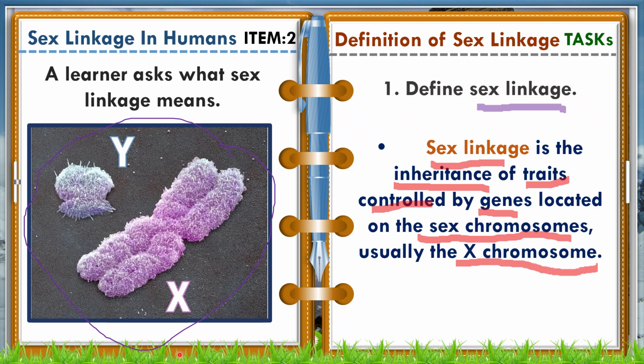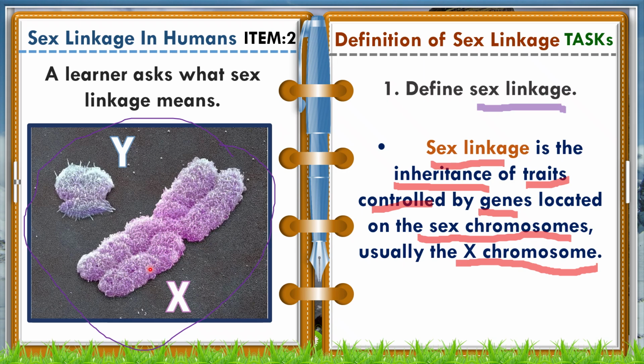So when we talk of sex linkage, this is a type of inheritance of a trait, a character like color blindness, and this trait is controlled by a gene which is located on the sex chromosome, and the sex chromosome is usually the X chromosome.